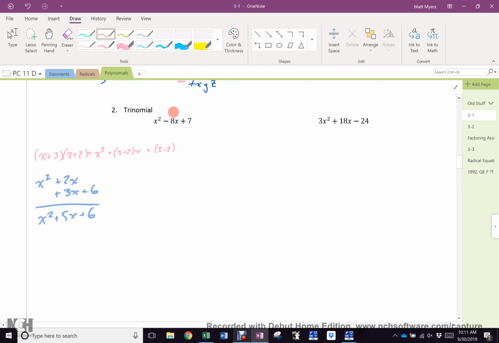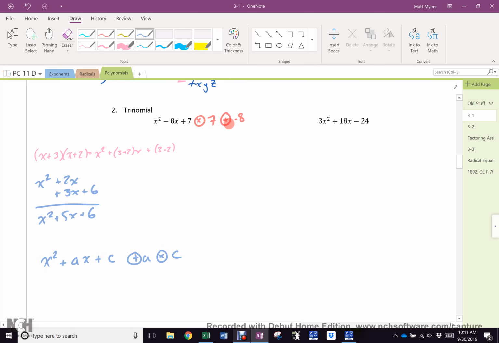So what this means when we are working backwards is I need a number that will multiply to 7 and add to negative 8. The way to remember it, if it looks like this, x squared plus ax plus c, you need numbers that add to a and multiply to c, right?